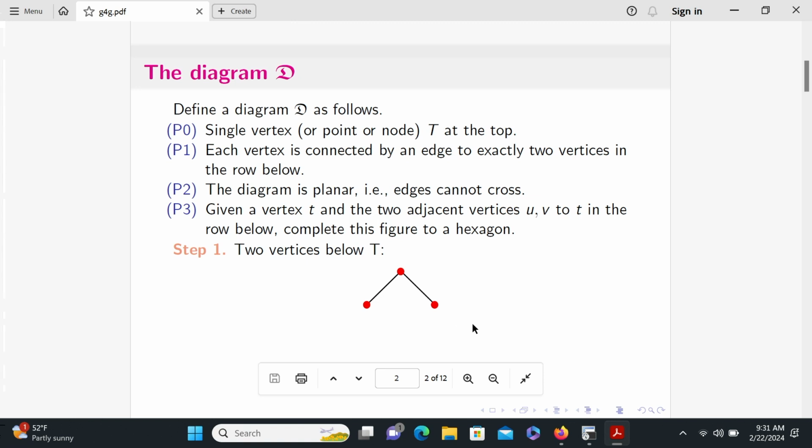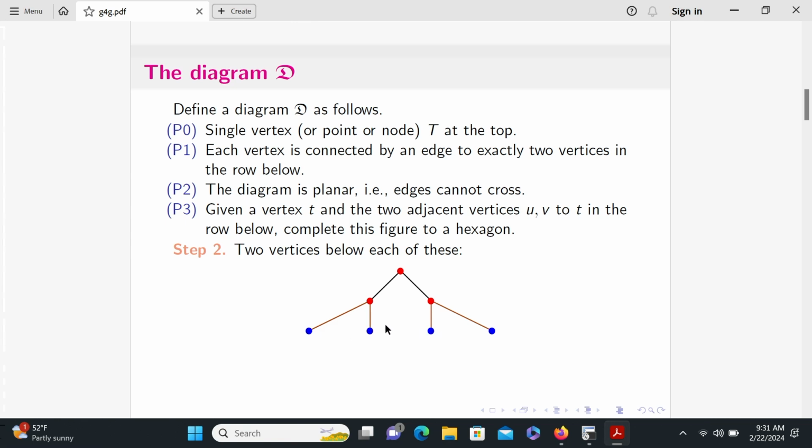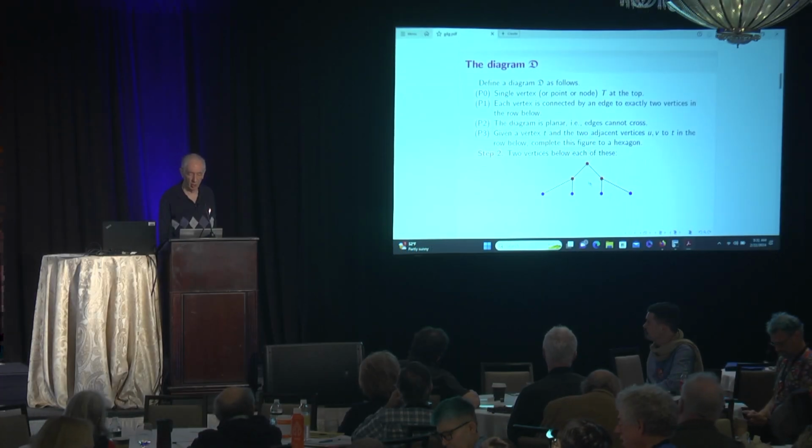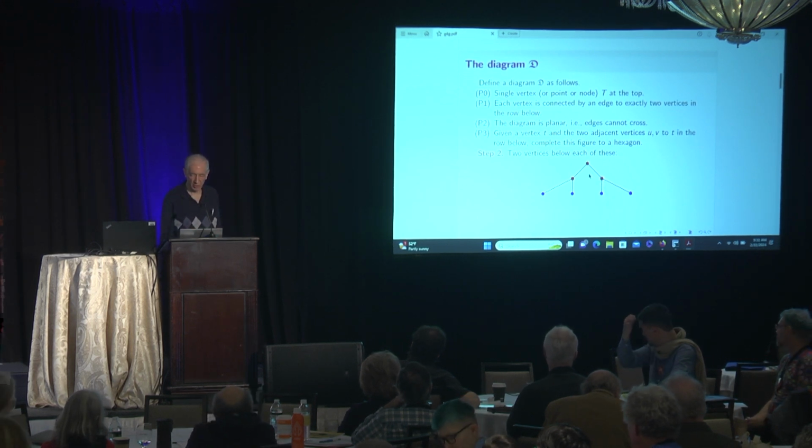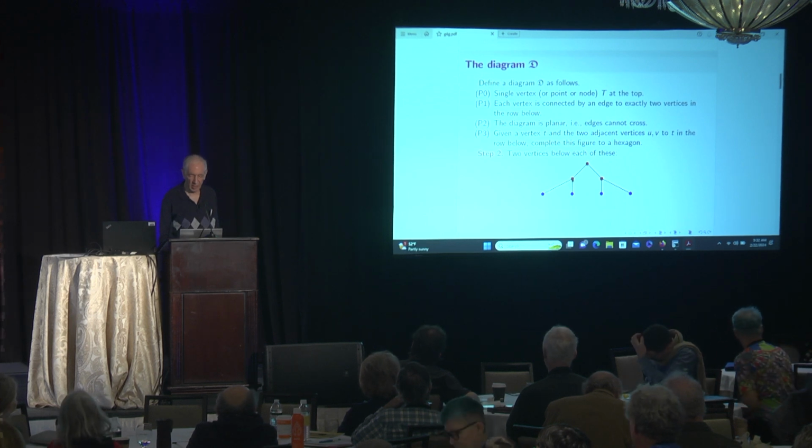So at the next step, we have no choice but to put four separate vertices, two below each of these, to follow this two below rule. We cannot put a vertex below both of these because we would be completing to a quadrilateral, not a hexagon. But now we see we can complete this array here of five vertices to a hexagon.